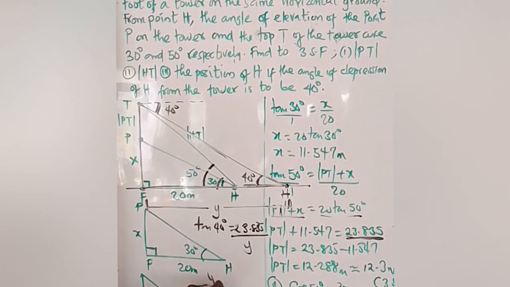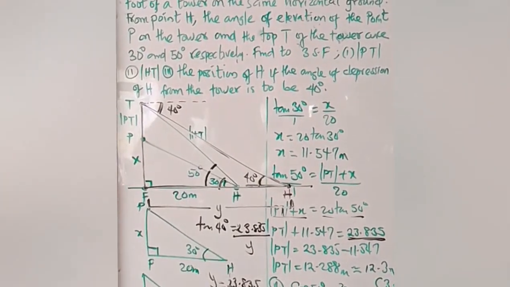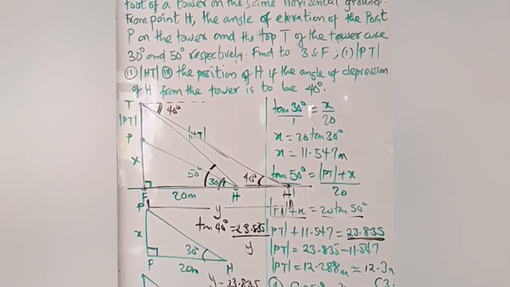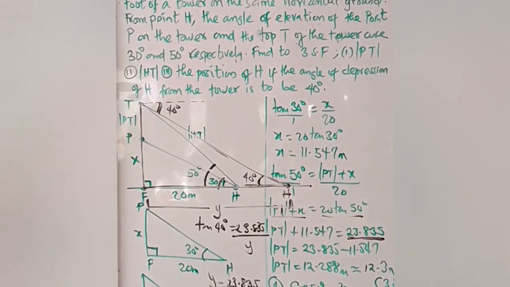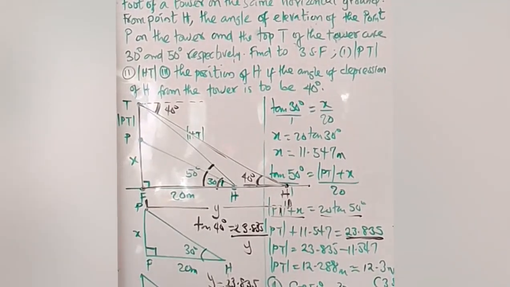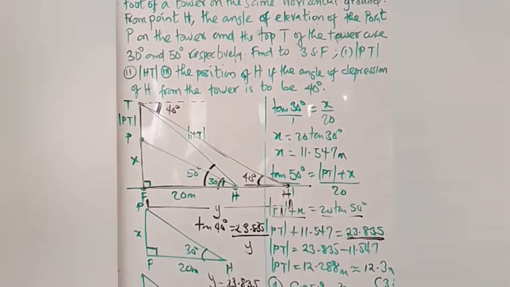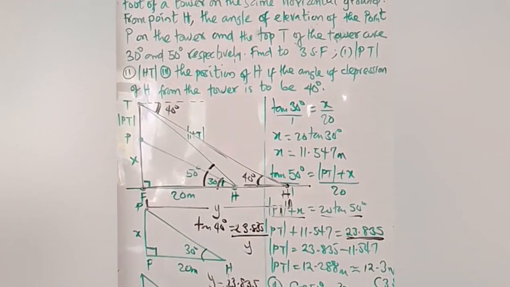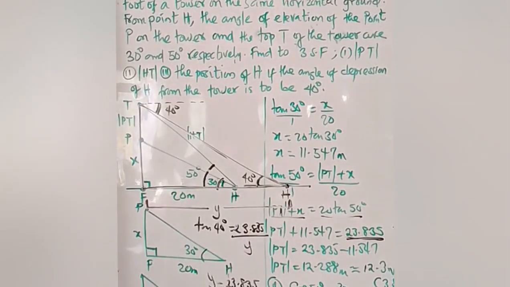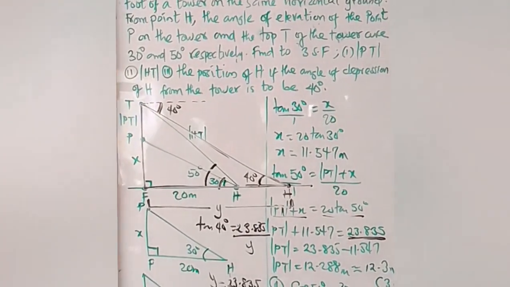From here, y equals 23.835 divided by tan 40. By the use of a calculator, we get y to be 28.4 meters. So the position of H when the angle of depression from the top is 40 is 28.4 meters.